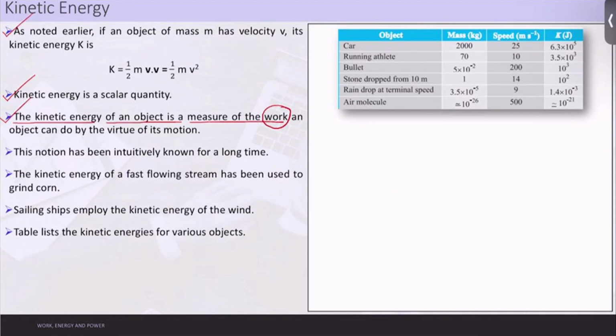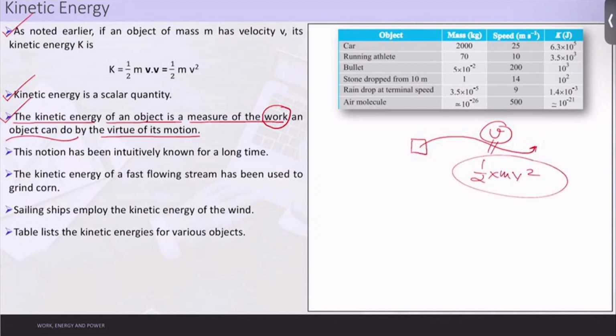It is a measure of the work which that object can do by virtue of its motion. So when an object or a particle is moving in some direction with some velocity v, that is how it can capture the work done by it. Due to its motion, whatever work is being done can be calculated using the concept of kinetic energy.